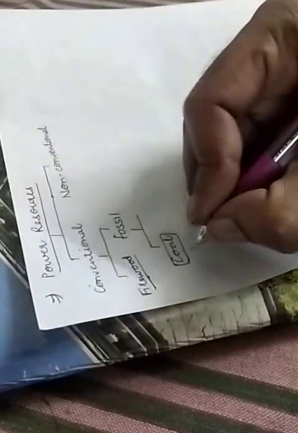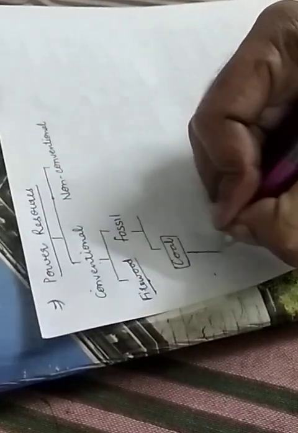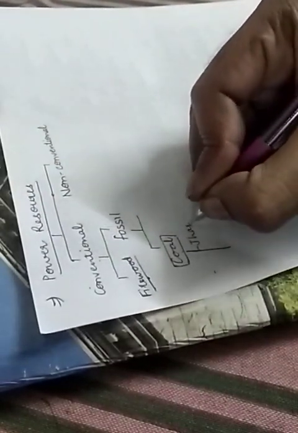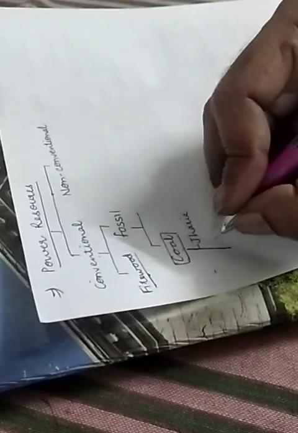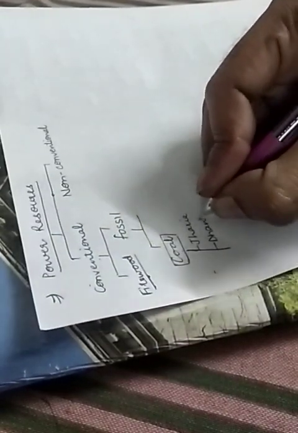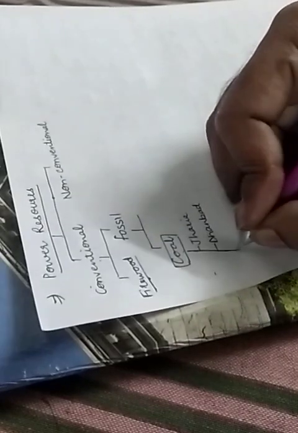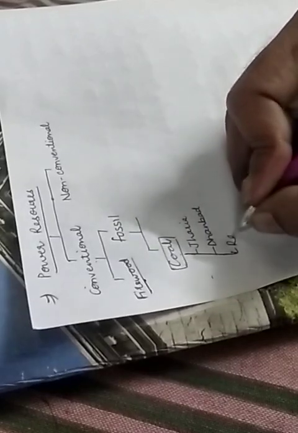We have coal producing areas in India like Jharia, Jharkhand, the Dhanbad region, the region of Chota Nagpur Plateau, Maikal range, Raniganj, etc.